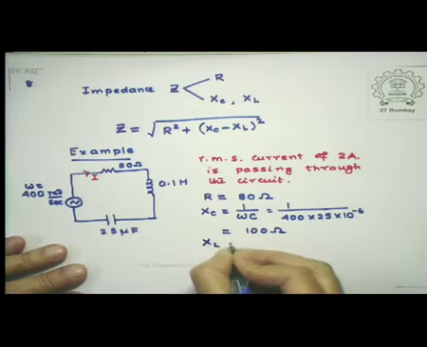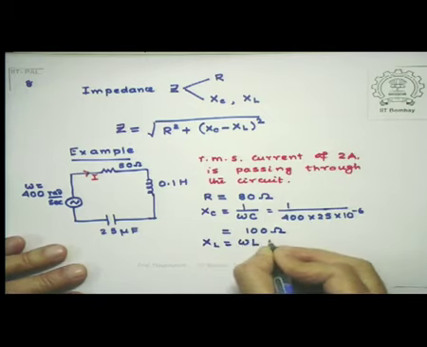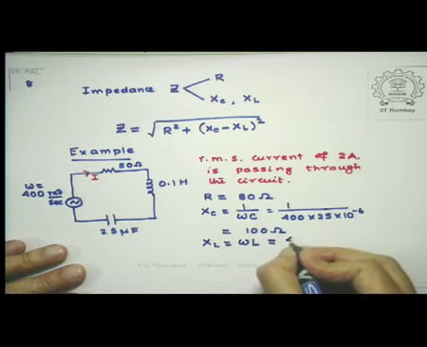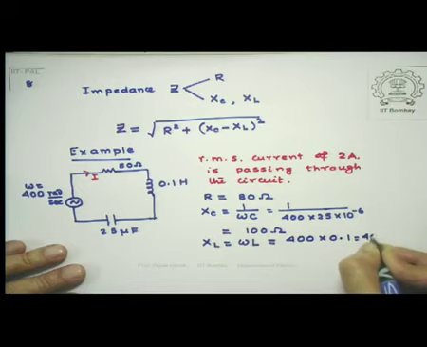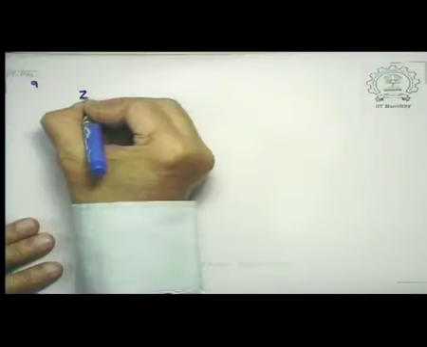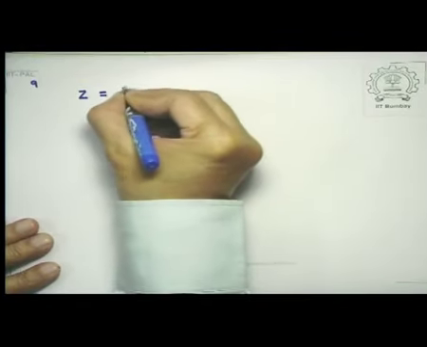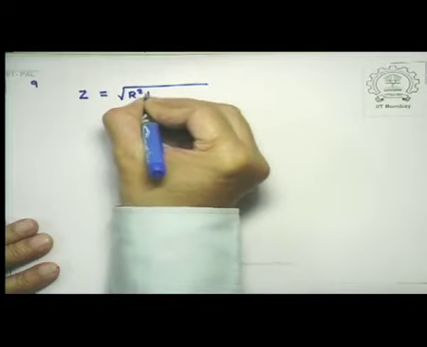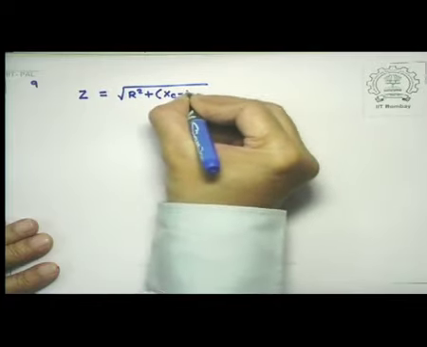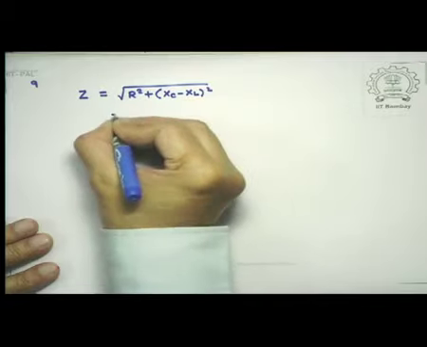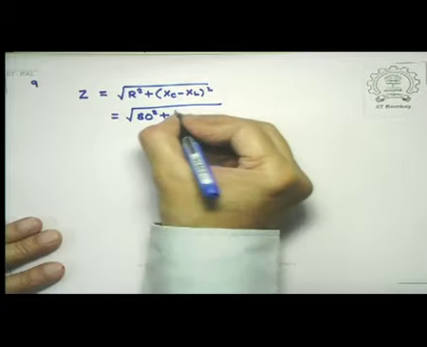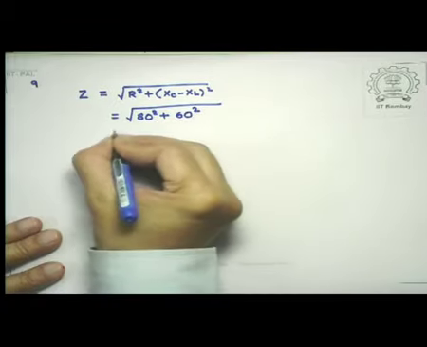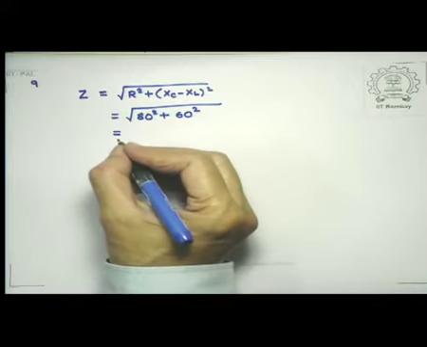And XL, which is just omega L. Omega is 400, L is 0.1. So that's equal to 40 ohms. Let me find out what the total impedance is. So impedance, I repeat, is the square root of R square plus Xc minus XL whole square. So this is equal to 80 square plus 100 minus 40, that is 60 square. So that is just equal to 100 ohms.